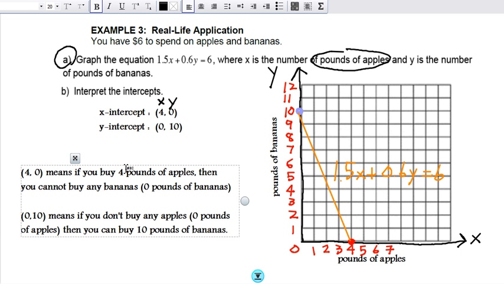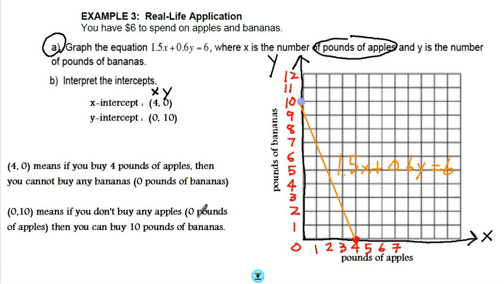And that's what that means. If you don't buy any apples, then you can buy 10 pounds of bananas because y is 10 for this point, where x is 0. And here, when x is 4, y is equal to 0. And that is it. That's the end.